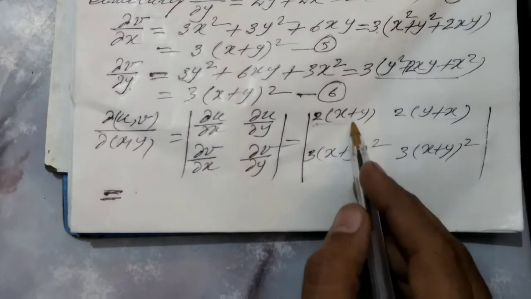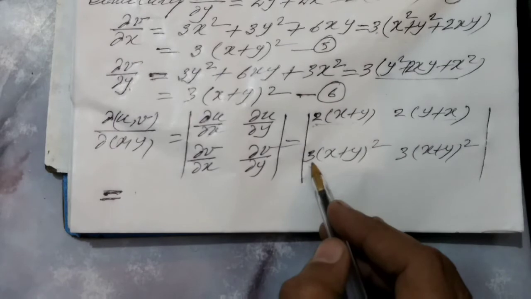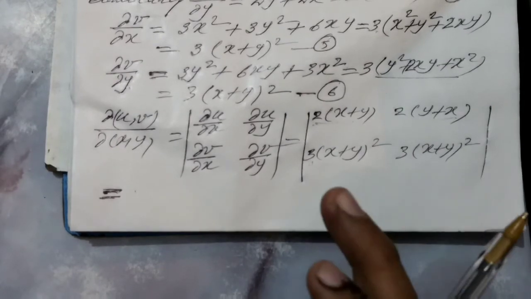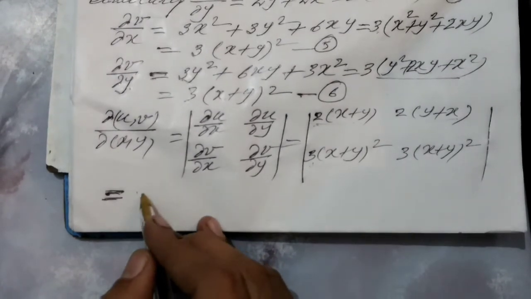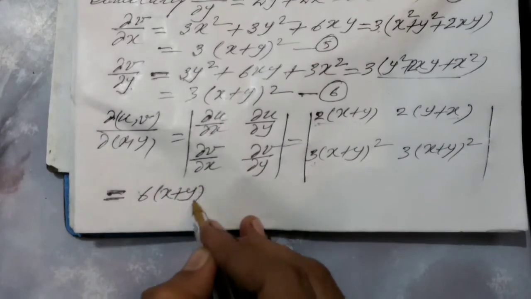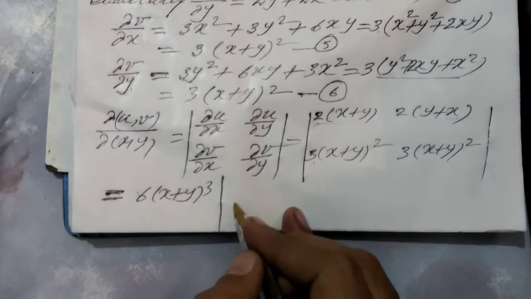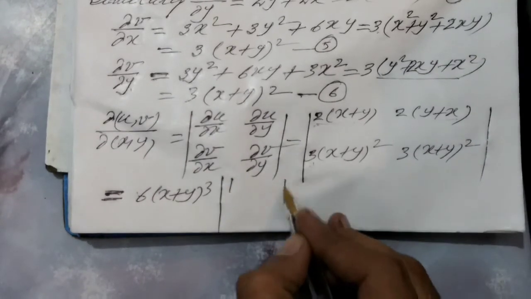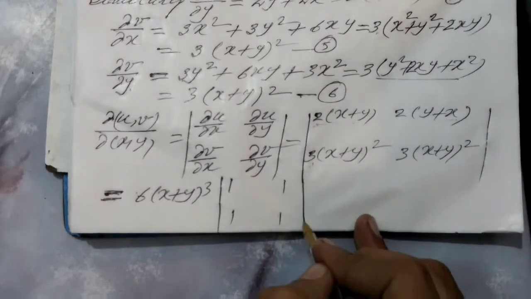So if we take 2 times x plus y common out of R1 and 3 times x plus y whole square from R2, we get 6 times x plus y whole cube, and the determinant left 1, 1, 1, 1.